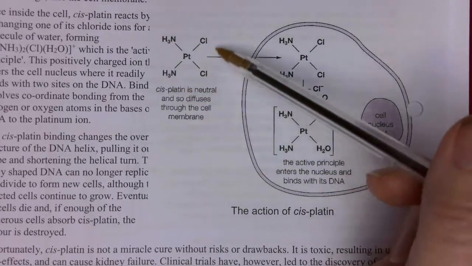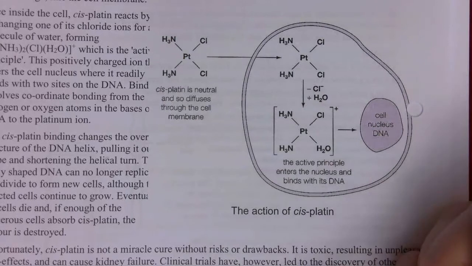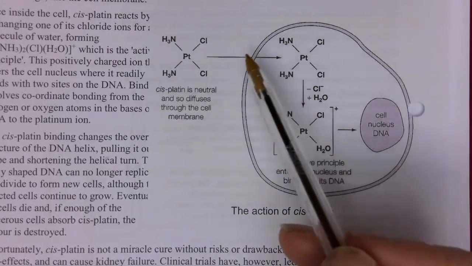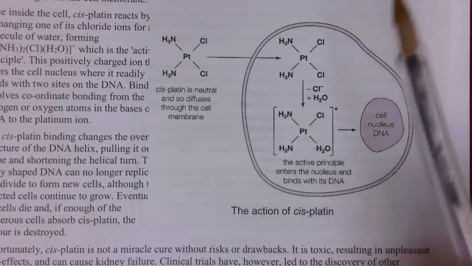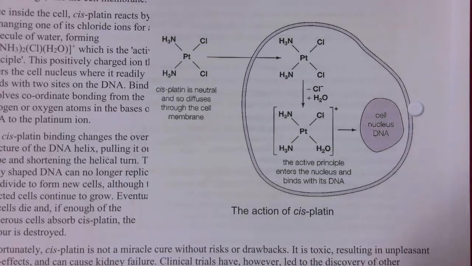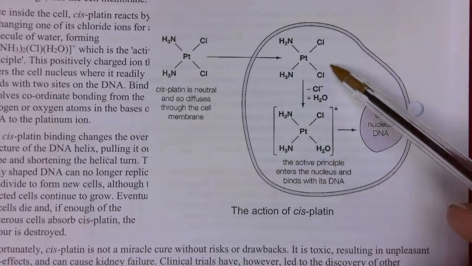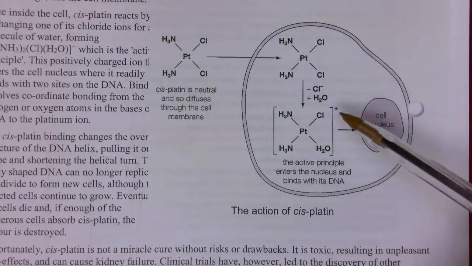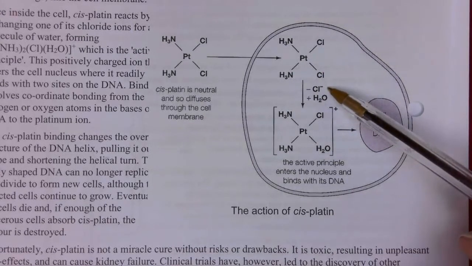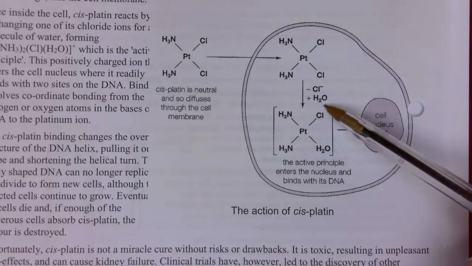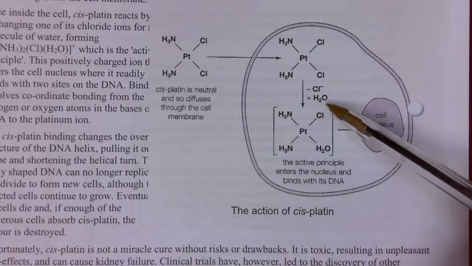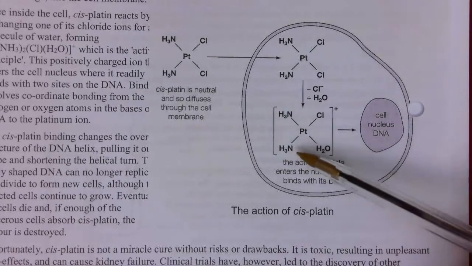So you'll notice that this square planar platinum complex is neutral, so it diffuses through the cell wall, or it's taken through active transport through the copper channels. Once inside the cell, however, this is where the drug gets activated. It's activated by the fact that it loses a chloro ligand and it gains a water ligand. So you now have this, and this is the active principle.